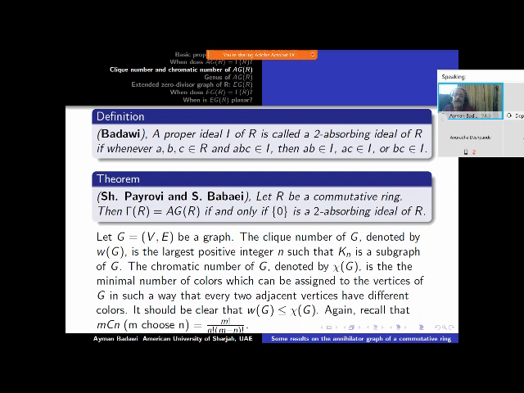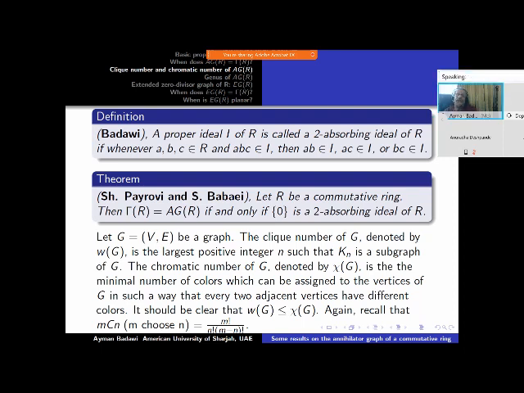Also, these are Iranian mathematicians. Let R be a commutative ring, then the annihilator graph is equal to the zero divisor graph if and only if 0 is a 2-absorbing ideal of R. This is just beautiful, in my view, of course, beautiful is a relative thing. But when I saw this result, I said, wow, that's interesting.